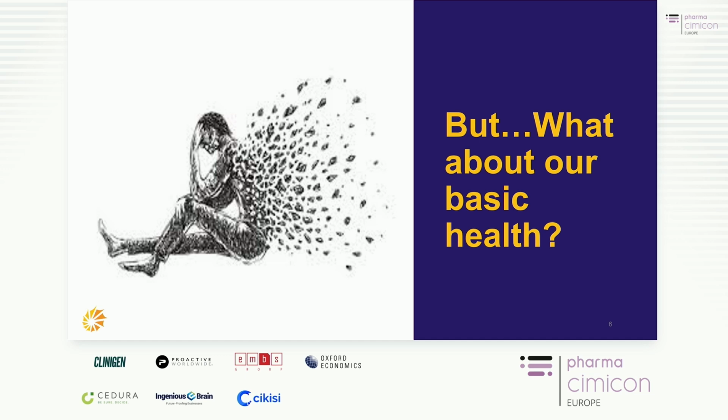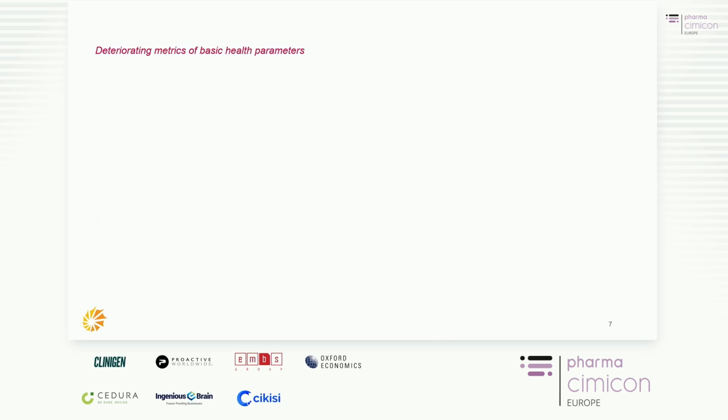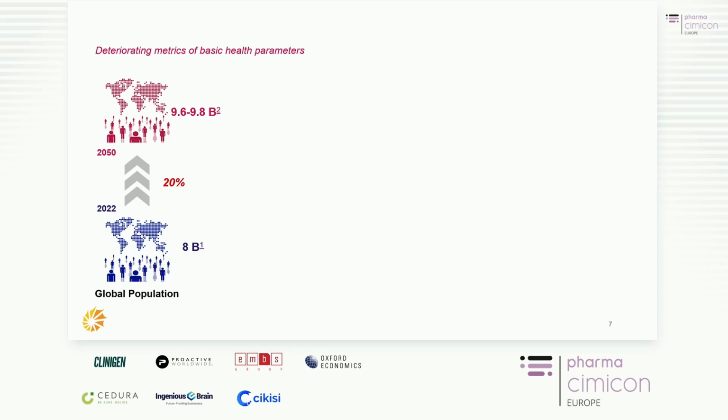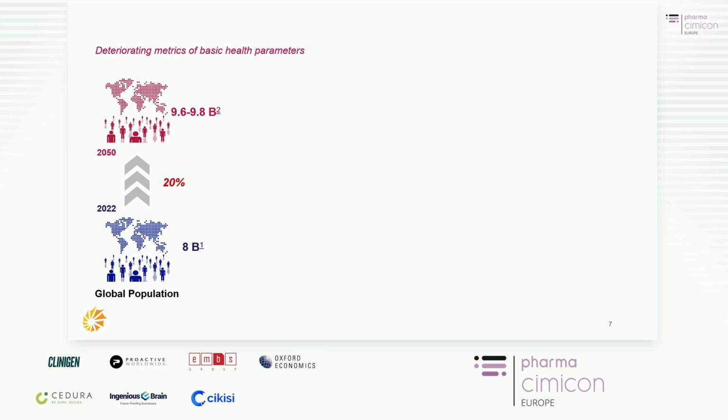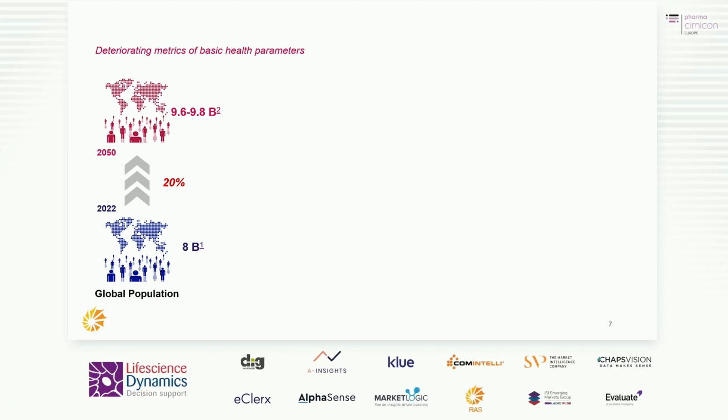So what we're going to do in the next couple of slides is we will look at the start of the basic population. So global population today is estimated at around 8.2 billion people, give or take, and it is expected to grow close to about 10 billion in the next 2.5 decades. So that's a cumulative increase of about 20%.